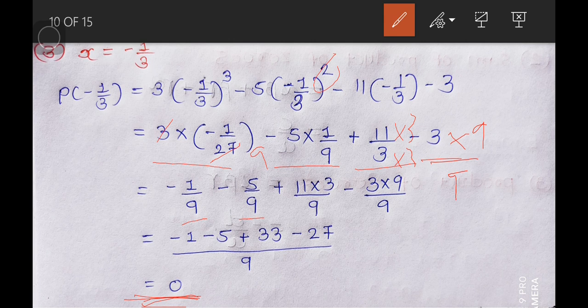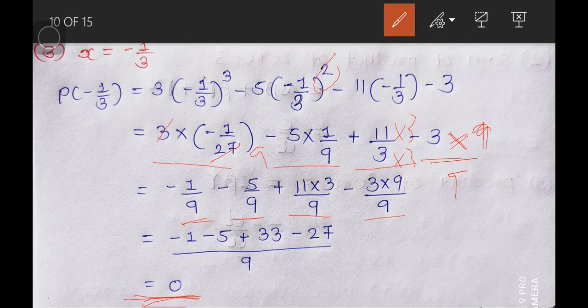If we multiply 3 with 3, then we get 9 as a denominator. So here I have multiplied numerator and denominator with 3, and here we want denominator 9, so we have to multiply 9 with the numerator. So here you can find minus 1 over 9 minus 5 by 9 plus 33 by 9 minus 27 by 9.